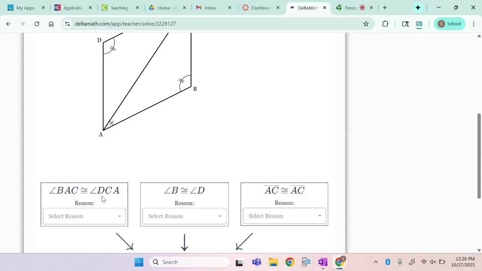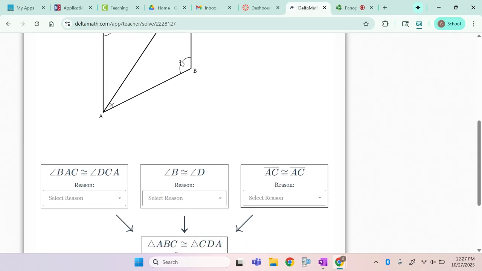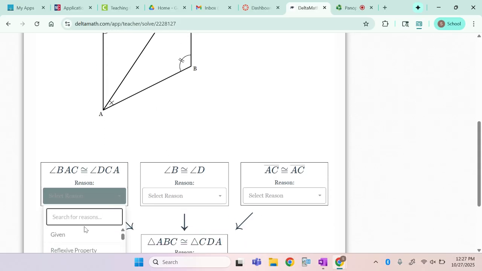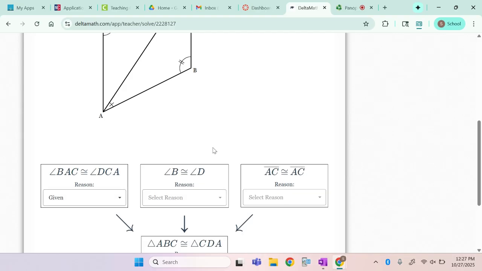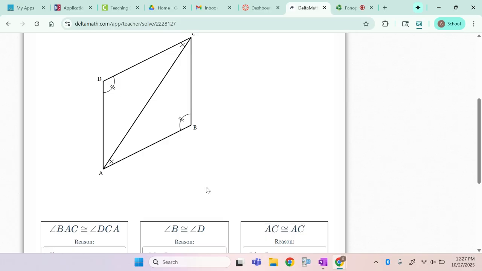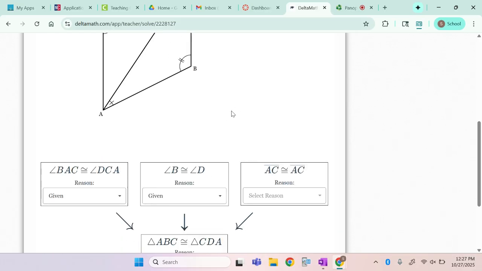So BAC is congruent to DCA. Well, let's see, BAC, so this one right here is congruent to this one right here. Since it's already marked, we can just select the reason to be given, just automatically. Same thing for these two. We can just select it to be given because it was already pre-marked for us.